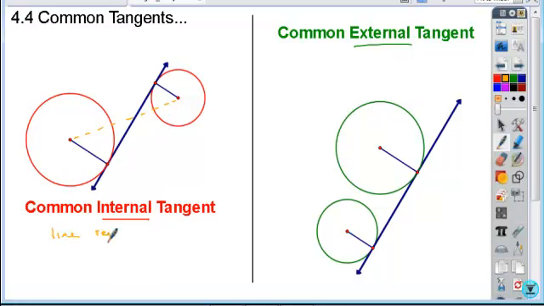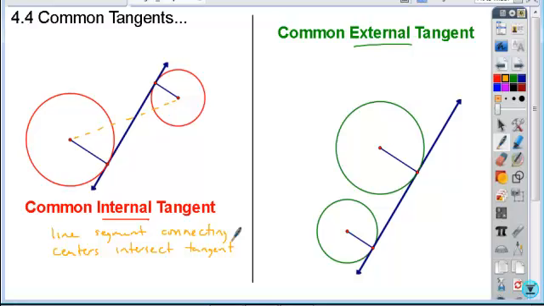Okay, so the line segment that connects the centers will intersect the tangent.